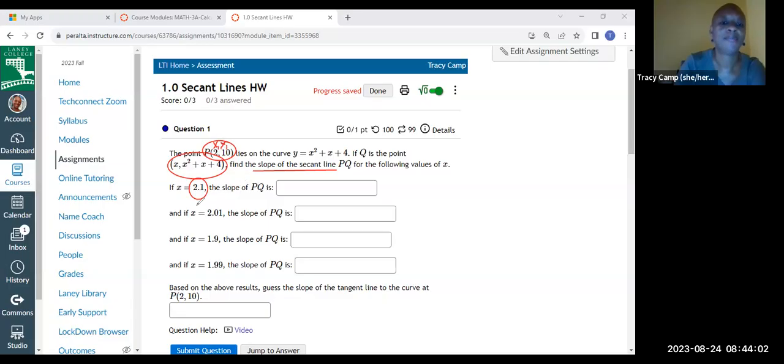And then the 2.1, this is your x2 for this part of the problem. And then to find your y2, we'll have to plug 2.1 into the x squared plus x plus 4. So I'm going to write this on the iPad and we'll work through it.